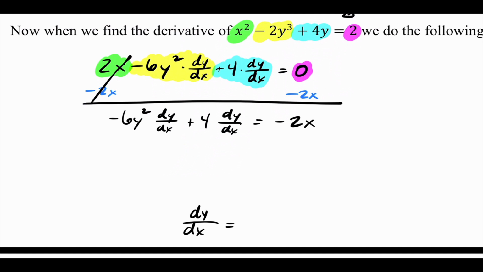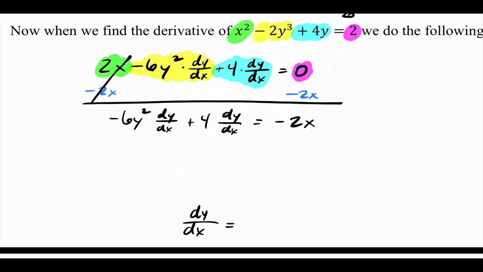So my goal is to get the dy dx's by themselves. I don't want the negative 6y squared. I don't want the positive 4. I want those over here. So how am I going to get those by themselves?